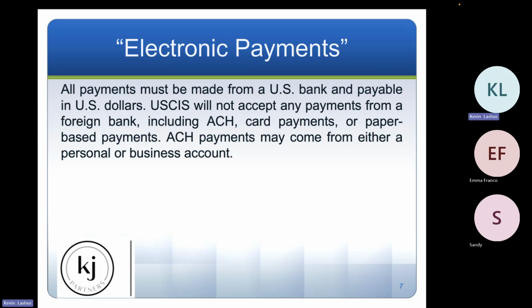USCIS accepts a payment and then processes that payment because they are providing a service. We are now moving away from that. They are no longer providing services. We're essentially asking for permission to do something that's authorized by law. So they're making it more difficult.